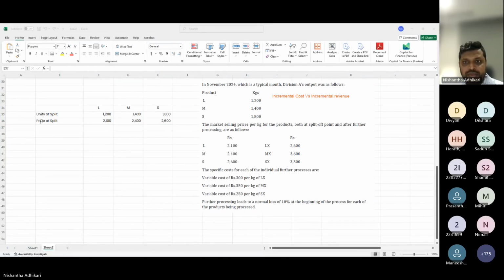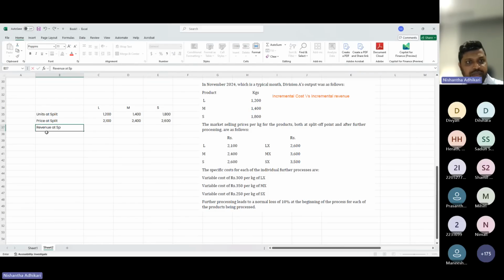Then we can work out the revenue at split-off point. I will work out the revenue at split. These are the revenues at split.